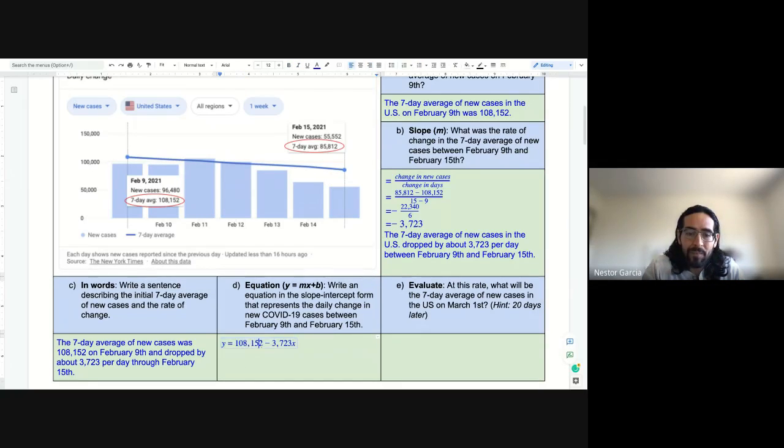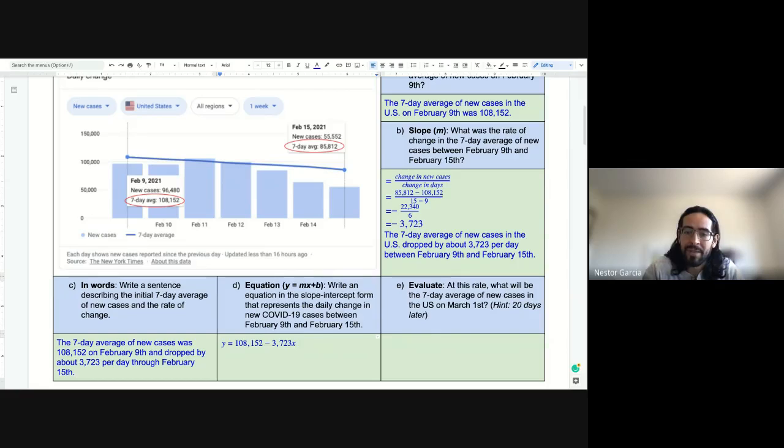So in this case, we start writing y equals, and the y-intercept, which you identified up here in part A, is 108,152. And then the slope, or the m, is the value we came up with here in part B. That is minus 3,723 cases per day, where x represents the number of days.